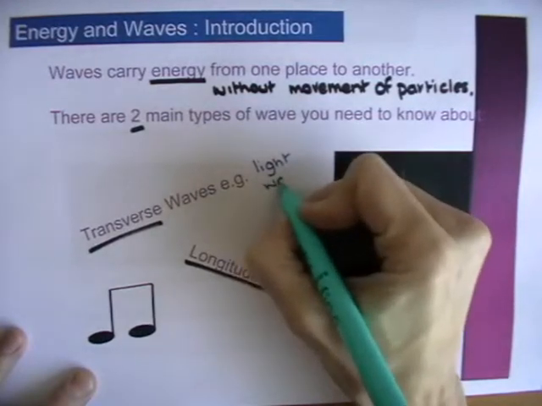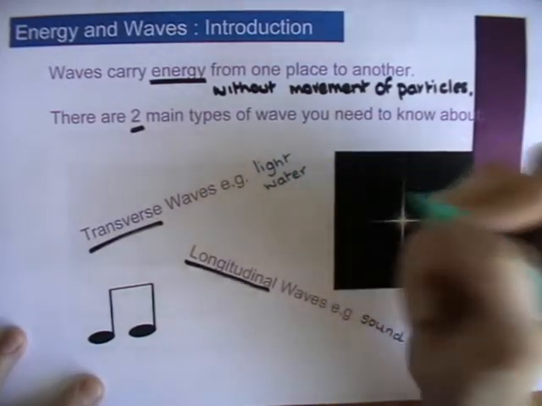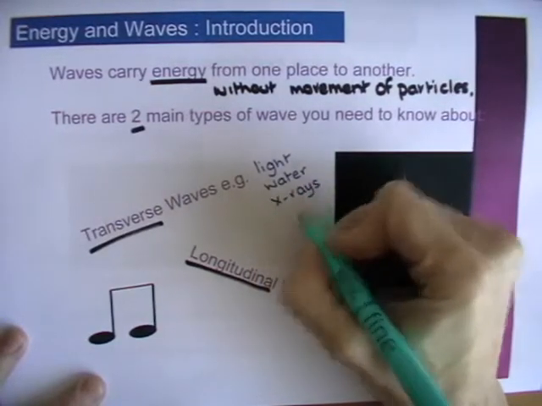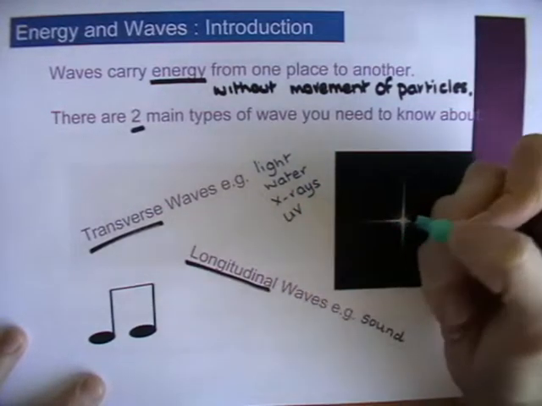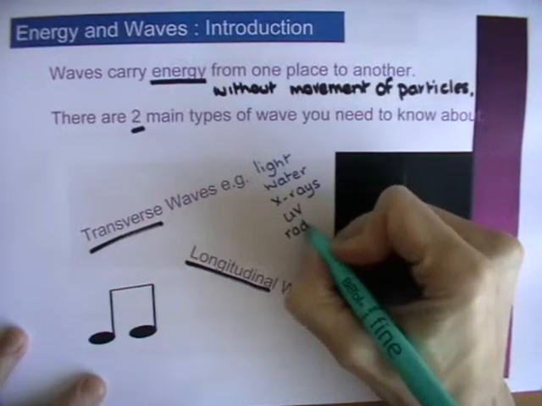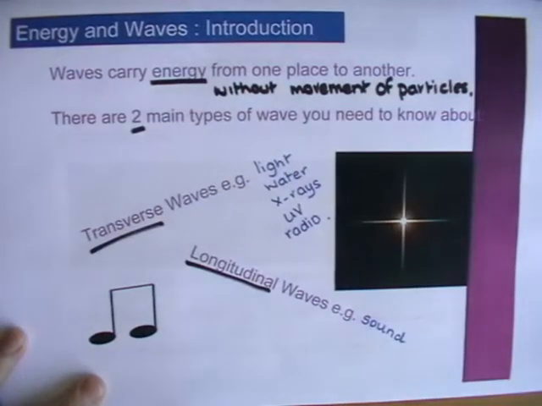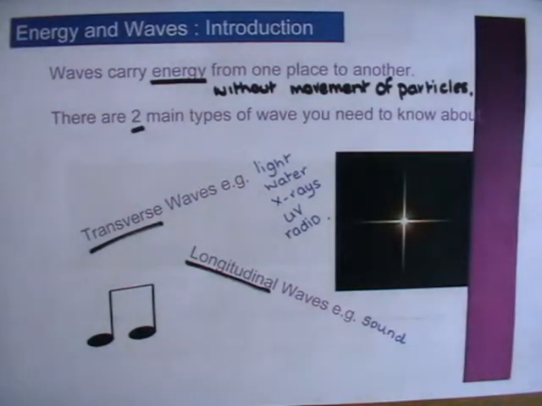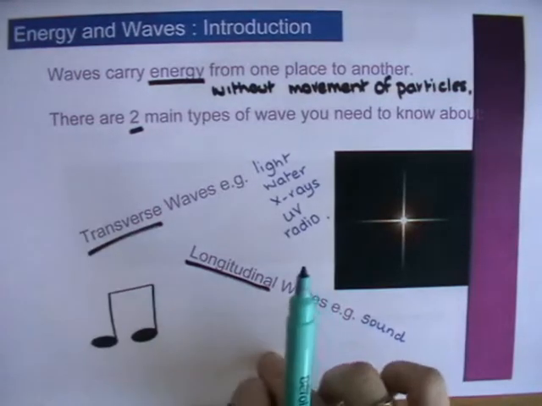You could describe water waves, any of the electromagnetic waves such as X-rays, ultraviolet, microwaves, radio waves, and so on. They're all transverse waves. And so you can see a light here, and then this is meant to represent sound.